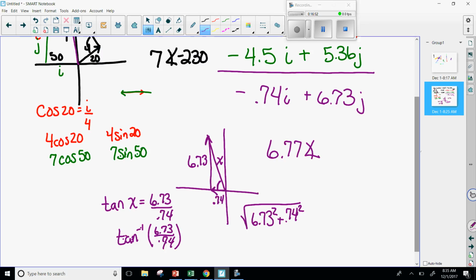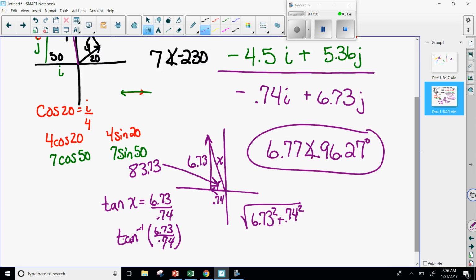If I type that in, this reference angle is 83.73. So how do I find the positive angle? Subtract it. So you take 180 minus 83.73, and it's going to be an angle measure of 96.27 degrees, which is only 6 degrees.